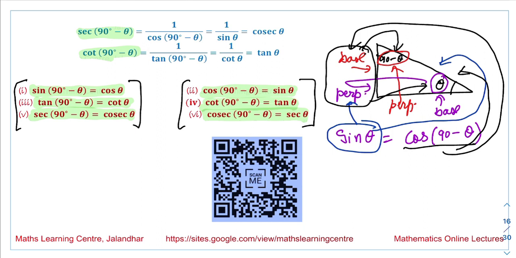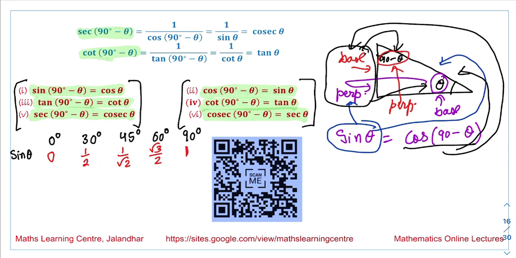And this thing we have already used. We wrote the values of sine theta for the angles 0 degree, 30 degree, 45 degree, 60 degree and 90 degree: 0, 1 by 2, 1 by root 2, root 3 by 2 and 1.